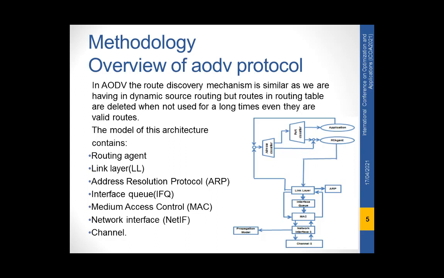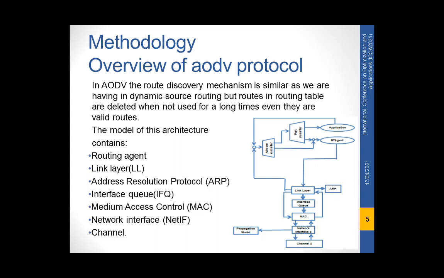This slide deals with the AODV protocol. In AODV, the route discovery mechanism is similar to what we have in Dynamic Source Routing, but routes in the routing table are deleted when not used for a long time, even if they are valid routes.